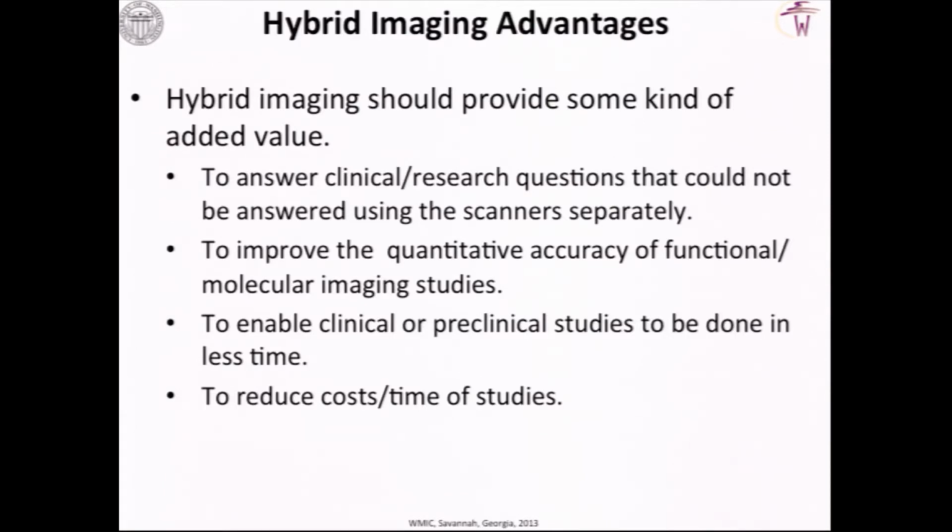It can answer clinical research questions that could not be answered using the scanners separately, without the other image co-registered to it. These hybrid systems have been shown to improve the quantitative accuracy of functional or molecular imaging studies, to allow clinical or preclinical studies to be done in less time, and to reduce the cost and time of the studies.